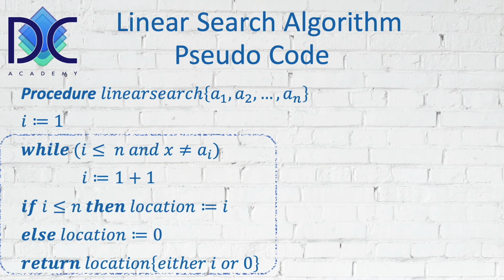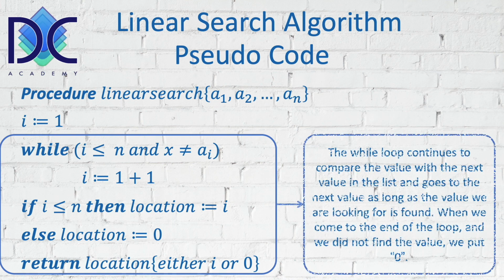Then we have a while loop. A while loop is a loop which continues to compare the value with the next value, and it goes to the next value as long as we didn't find the value that we are looking for. Once we find that value, we put the location there.